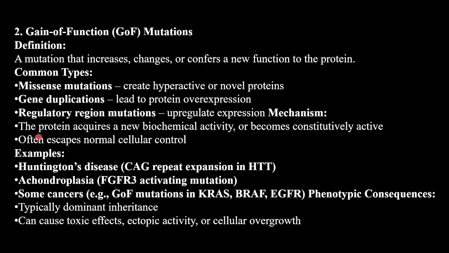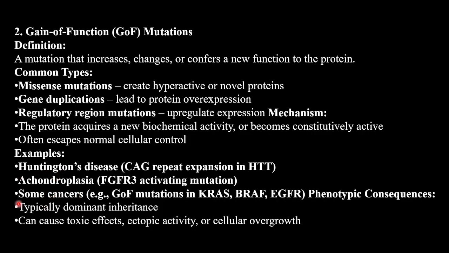What is the mechanism? The protein acquires a new biochemical activity or becomes constitutively active and often escapes normal cellular control. For example, in Huntington disease, there is CAG repeat expansion. If the number of CAG repeats is 50 in normal individuals, in Huntington disease it is more than 500.